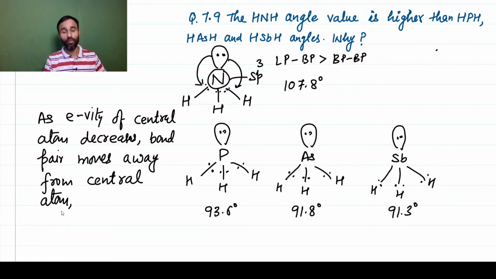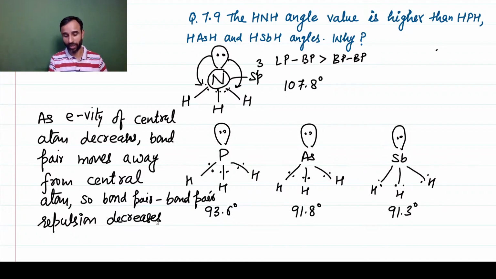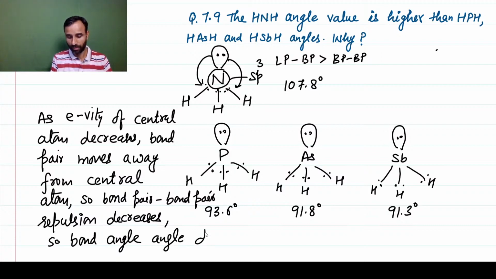Bond pair moves away from the central atom. So bond pair repulsion decreases. Bond pair repulsion decreases. So the bond angle decreases. That's it. Okay. But any doubt up to this?